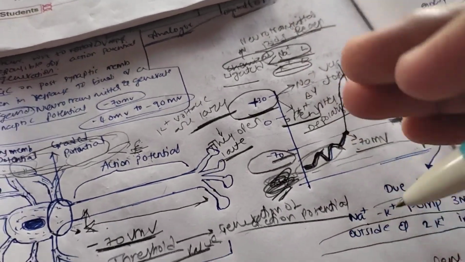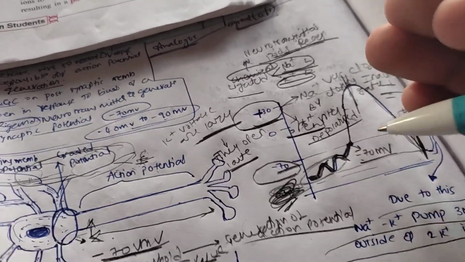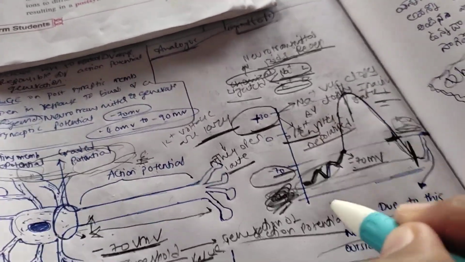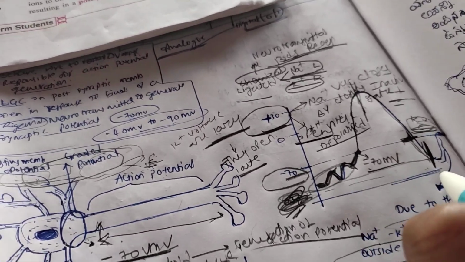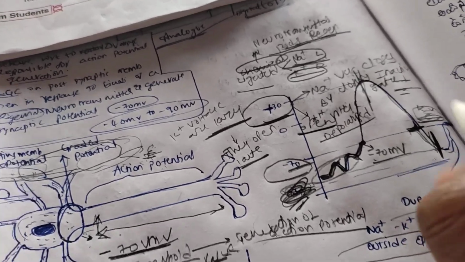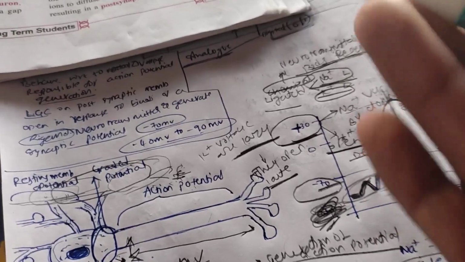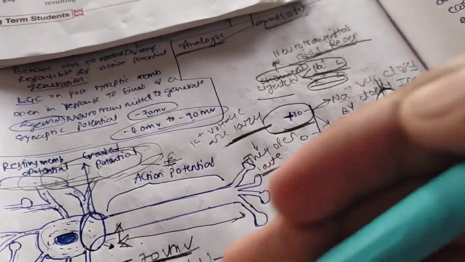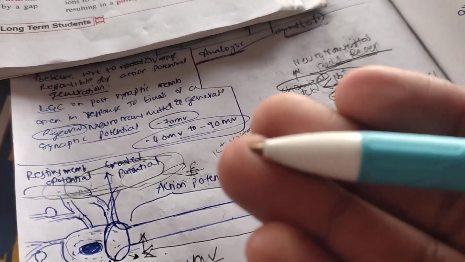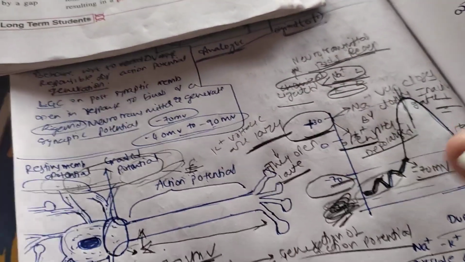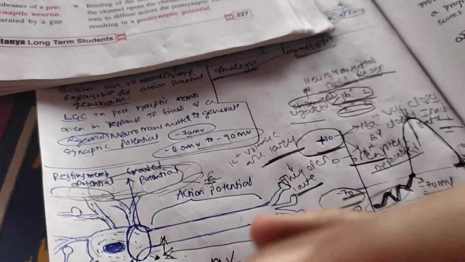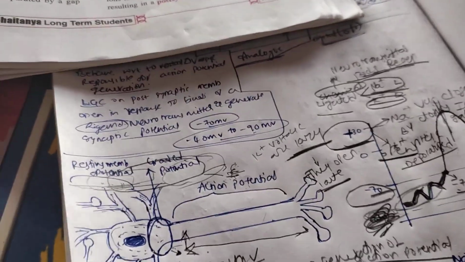More K+ have already moved outside, and now there are more Na+ ions inside. So the requirement is more Na+ on the outside and more K+ on the inside. It pumps Na+ outside as their number is relatively higher inside the cytoplasm, and pumps K+ inside as their number is relatively low there.